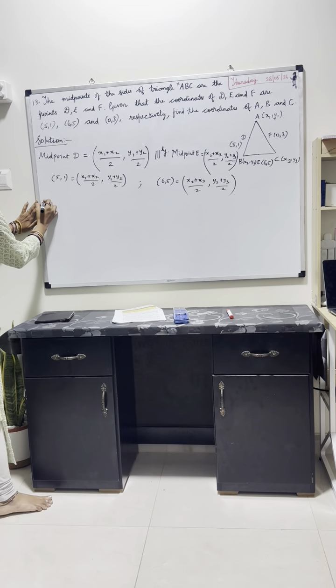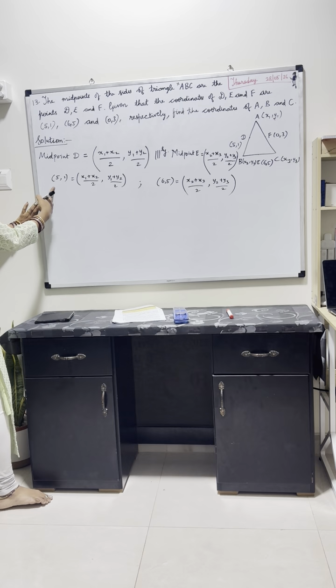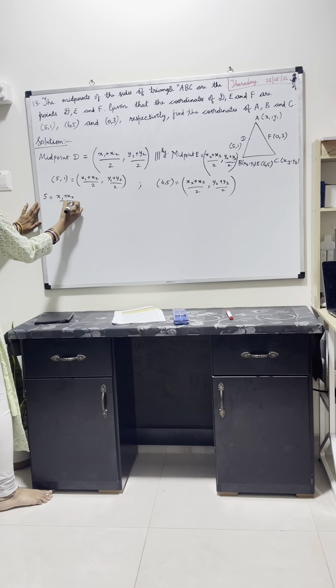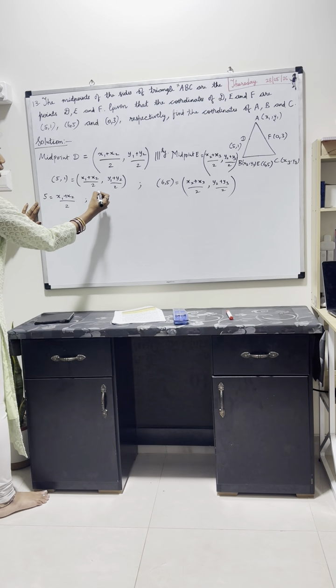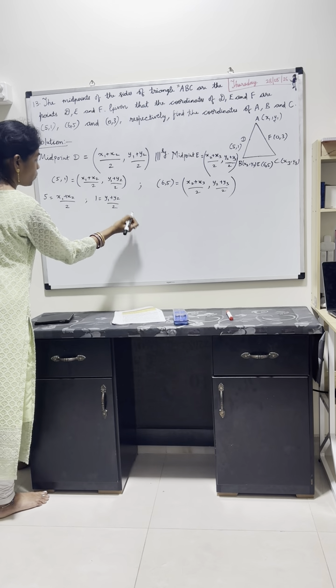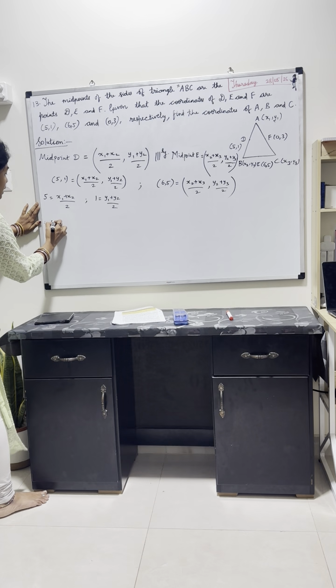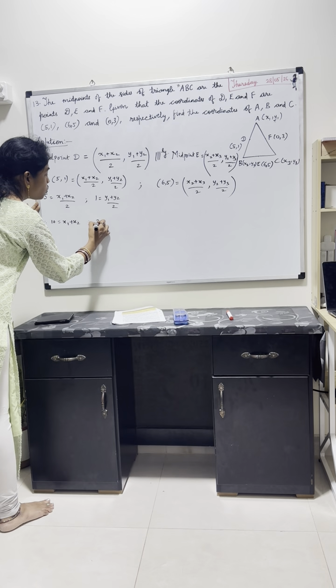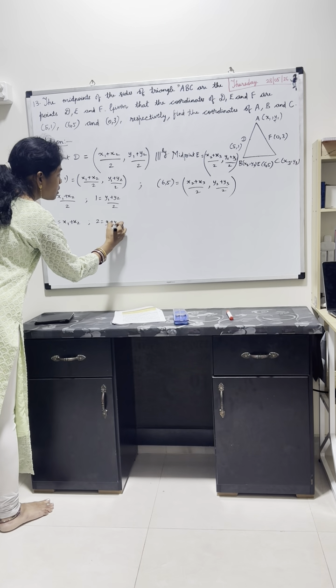And now we will solve this. Now what do you get from here? 5 is equal to x1 plus x2 upon 2 and 1 is equal to y1 plus y2 upon 2. So this is nothing but 10 is equal to x1 plus x2. 2 is equal to y1 plus y2.